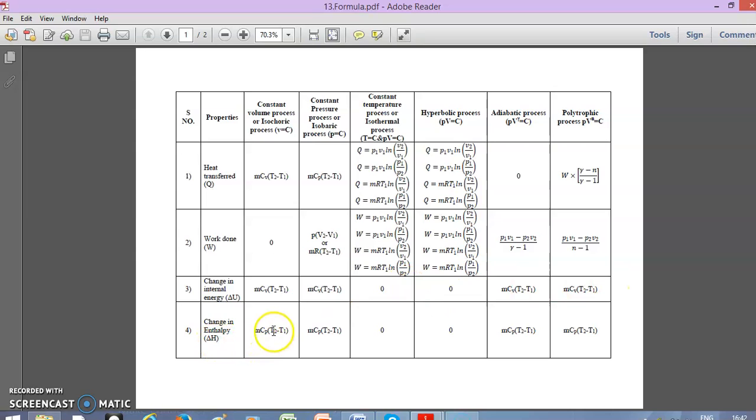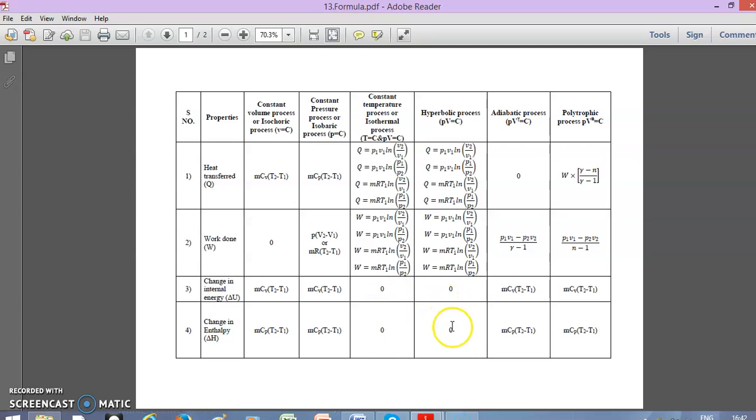And del H is m Cp (T2 minus T1), which is also common for all the processes. For an isothermal process, temperature is constant, so T1 will be equal to T2. Therefore T2 minus T1 will be 0.